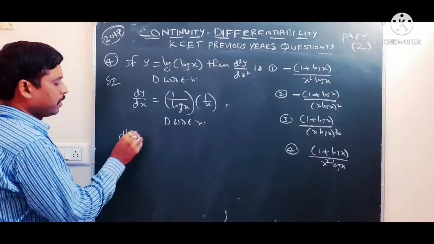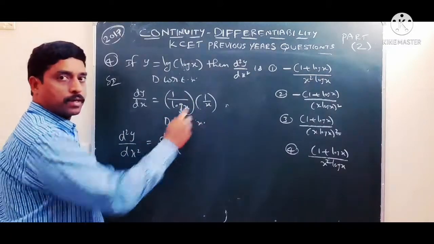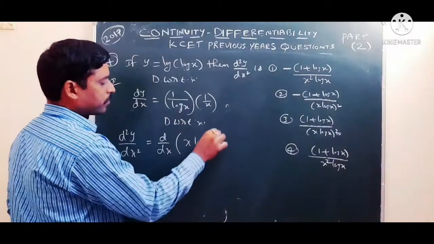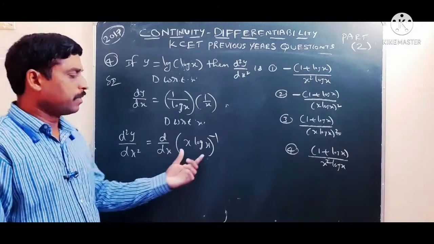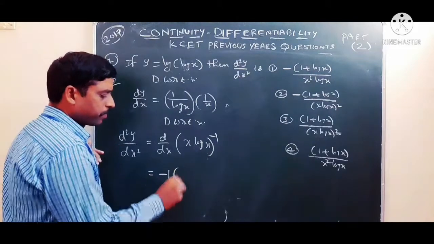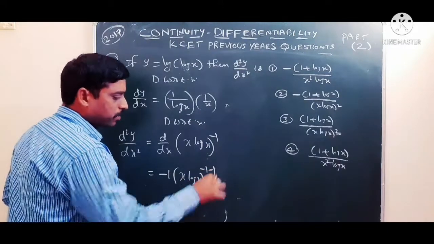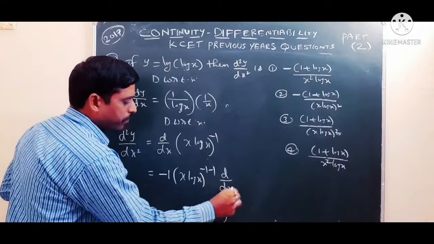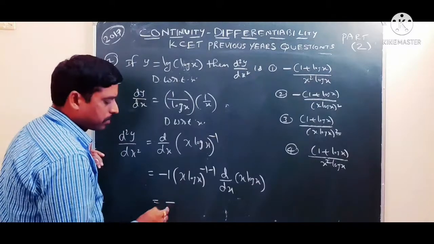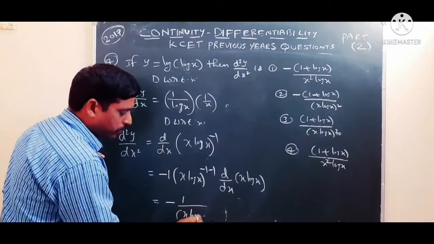Again take the derivative on both sides. So d square y by dx square is equal to d by dx of 1 by x log x. 1 by x log x is nothing but x log x to the power minus 1. By using the x to the power n formula, n into x to the power n minus 1, we get minus x log x power minus 1 into d by dx of x log x by using the chain rule. This will be minus x log x power minus 2, so minus 1 by x log x whole square.